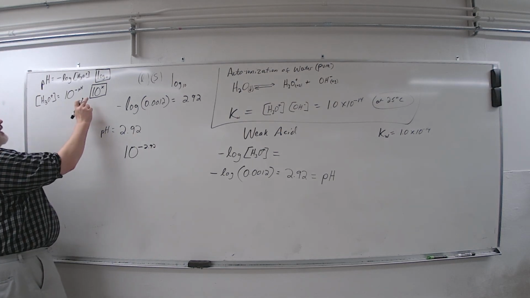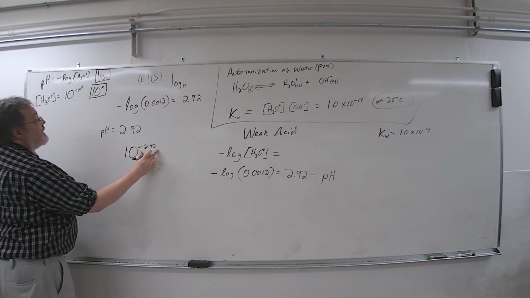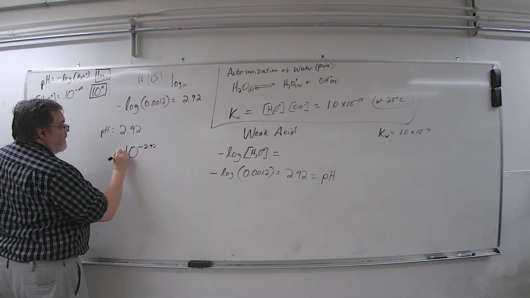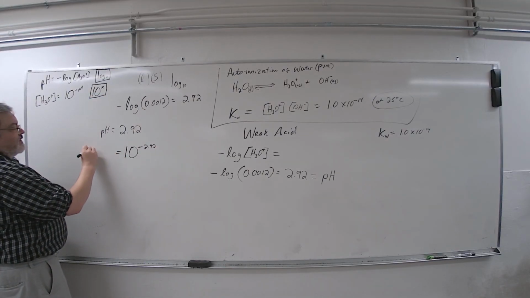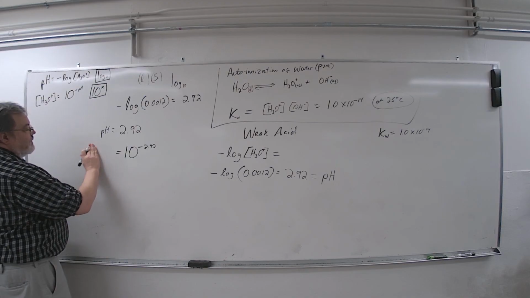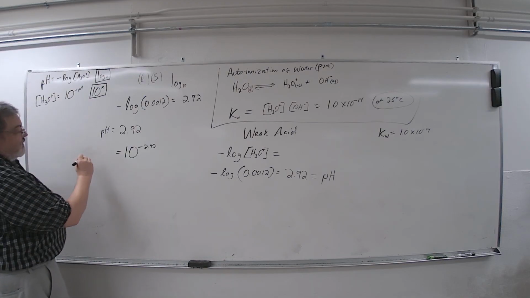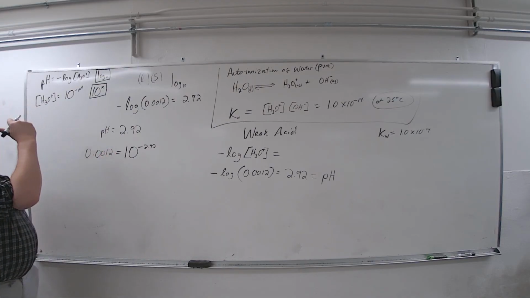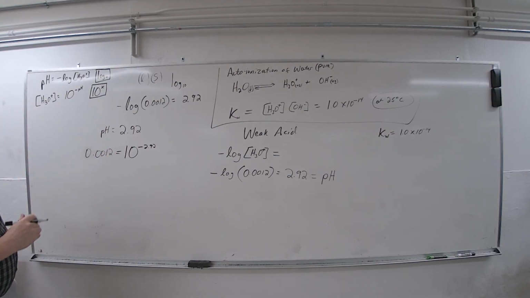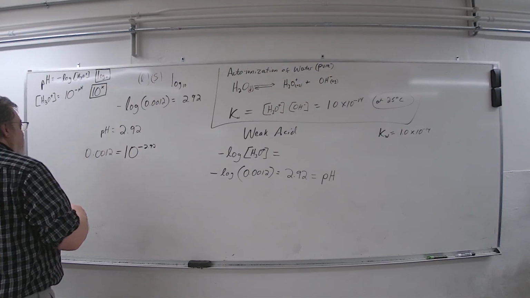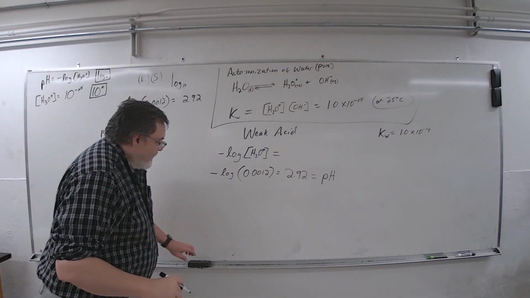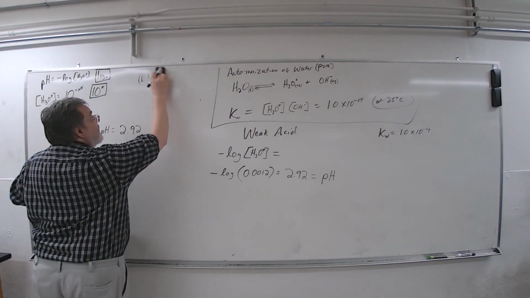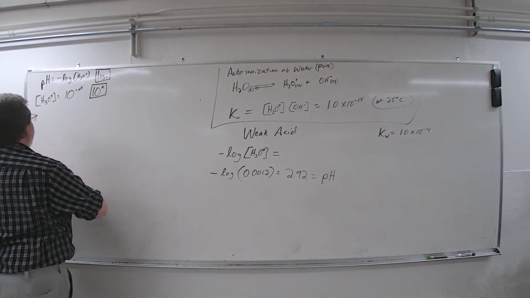And then if you put negative 2.92 in the calculator and hit that key, it'll pop out with, in this case, the answer. I'll work through some of these problems. Okay, so that's the definition of pH. You've probably heard pH mentioned before. Like I said, I'll do some of these problems.